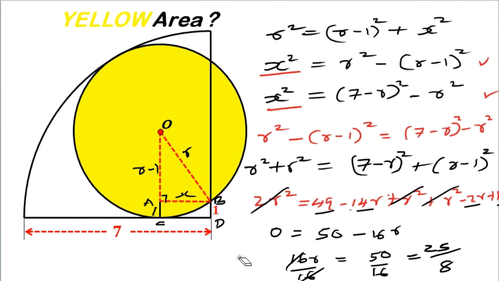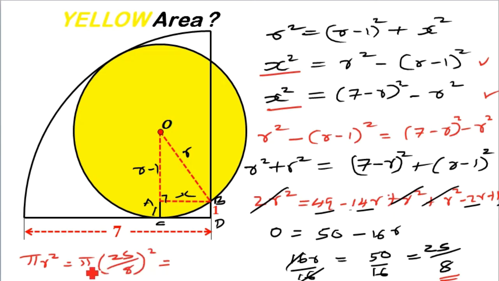So we found the radius r. The radius r of the yellow circle is 25 over 8. When you are looking for the area of the yellow circle, the area is just pi r squared, meaning it is pi times 25 over 8, squared.